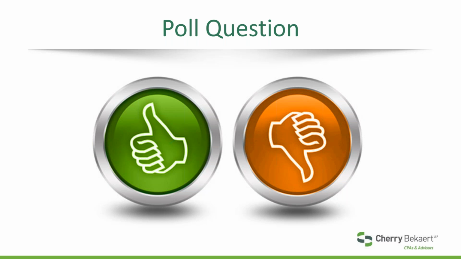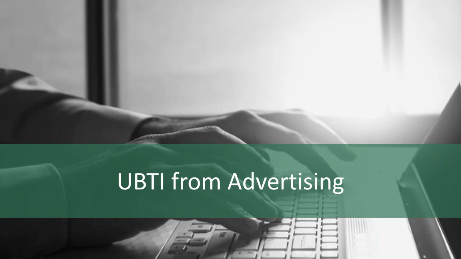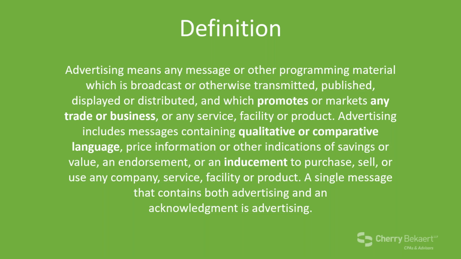Okay. Let's move on to our second topic, which is UBTI from advertising. So advertising has a very specific definition for this purpose, and essentially it's any message or other programming material which promotes or markets any trade or business or any service, facility, or product.